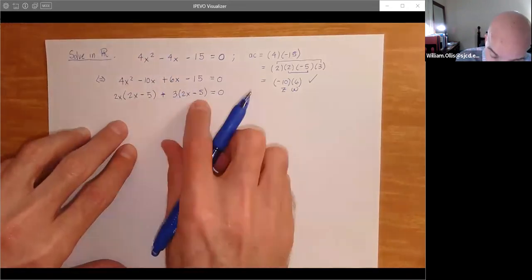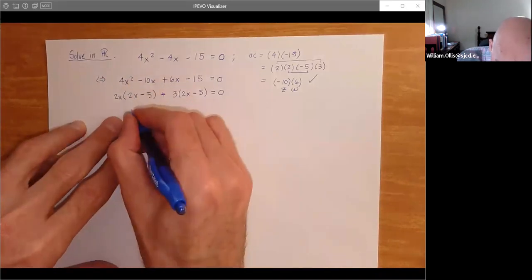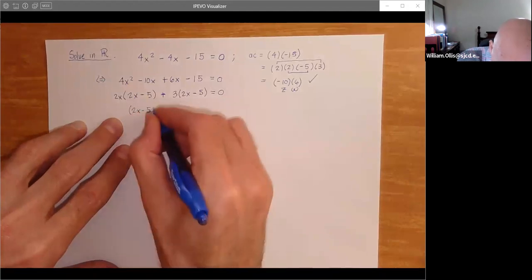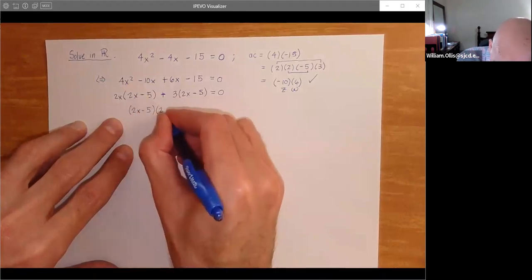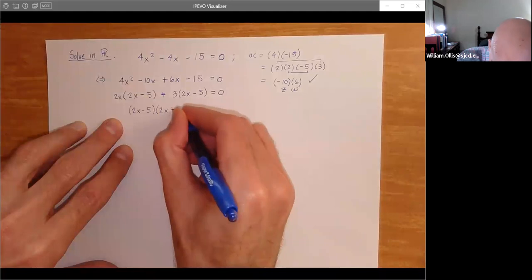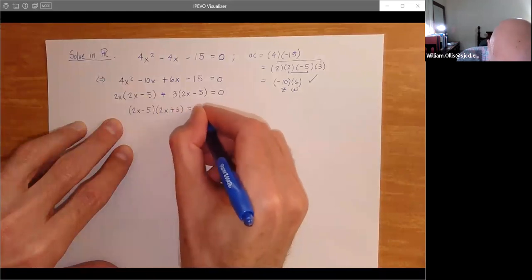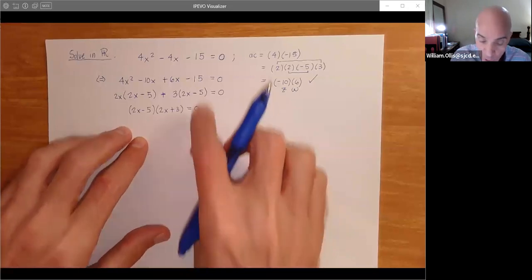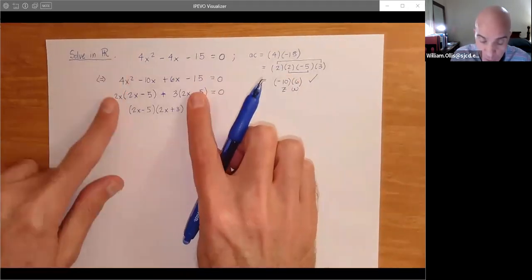So now we have common factor of 2x minus 5. So we have 2x minus 5. And then we have 2x plus a 3. So if we were just doing a standard problem just to factor this equation, we'd be done here.